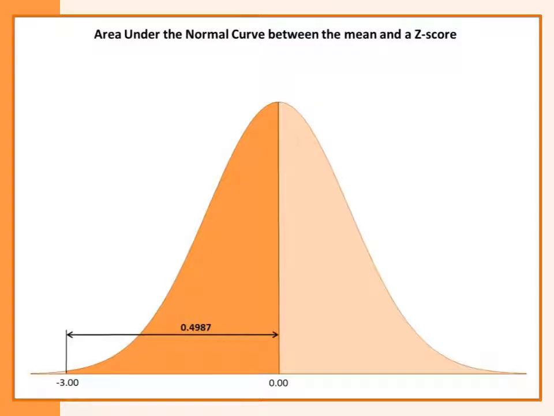Going back to our figure of the standard normal curve, recall that the z-score we're looking up is a value of -3.00, so it falls far away from the mean of 0 on the negative side of the distribution, and the area between that z-score and a mean of 0 is 0.4987. So almost all the area under the curve below the mean falls between a z-score of -3 and the mean.